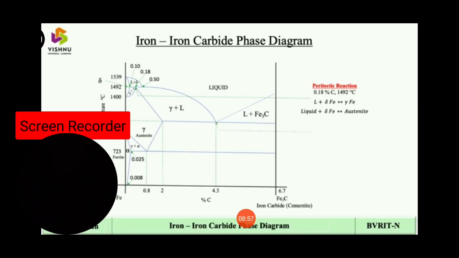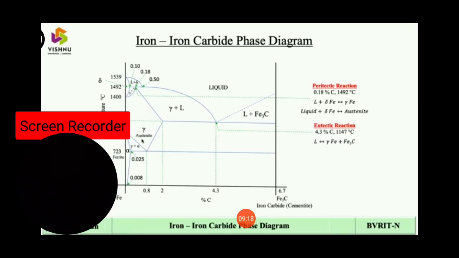The next one will occur somewhere here at 4.3% of carbon and 1147 degrees centigrade. This we call a eutectic reaction. In the eutectic reaction, at 4.3% of carbon and 1147 degrees centigrade, liquid will transform into two phases at the ends of the line.